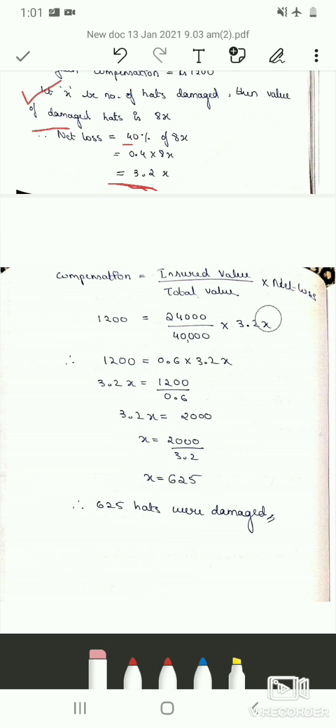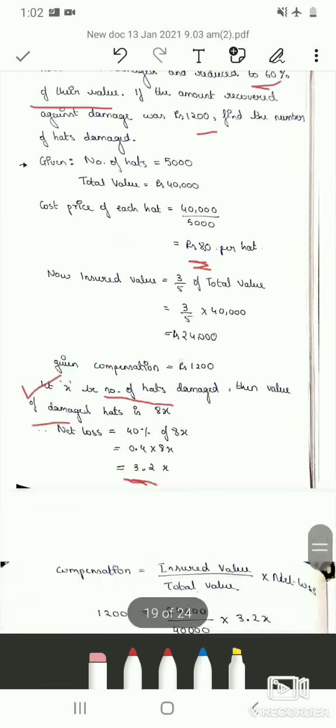So solve for x, which will be 3.2x is equal to 1200 by 0.6, which is 2000. Therefore x is 2000 by 3.2. Therefore x is 625. So we have taken x as number of hats damaged. Therefore 625 hats were damaged.